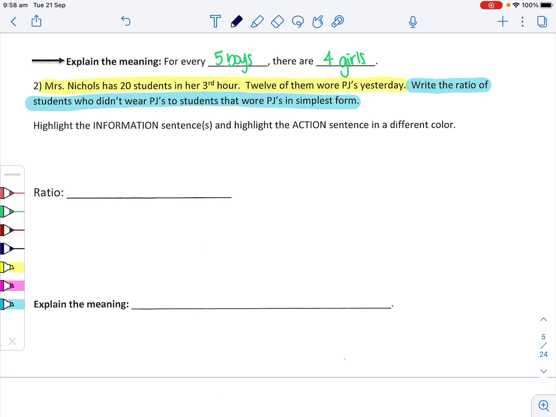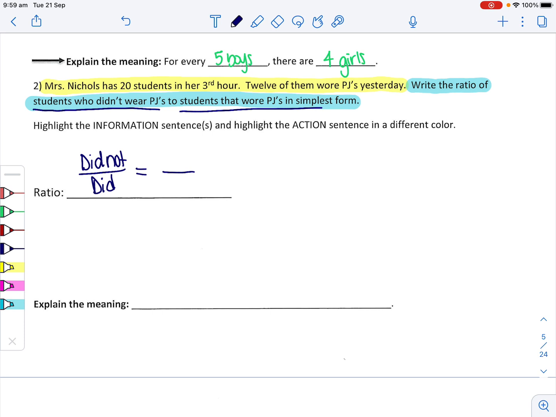So now I'm going to use my action sentence. Write the ratio of students who didn't wear pajamas to students that wore pajamas. So I'm going to say did not over did. Now in this particular question, it tells me how many of them did, so I'm going to put that in the correct spot.